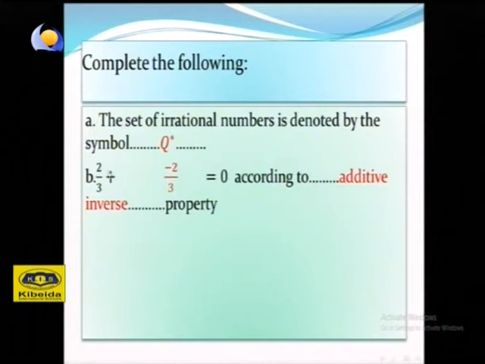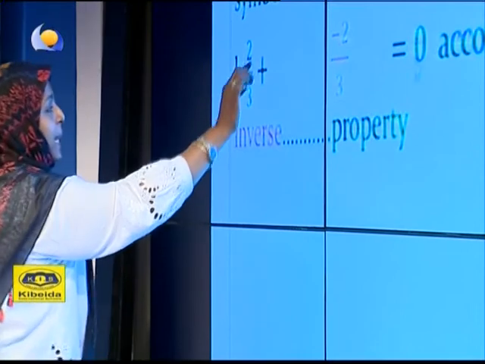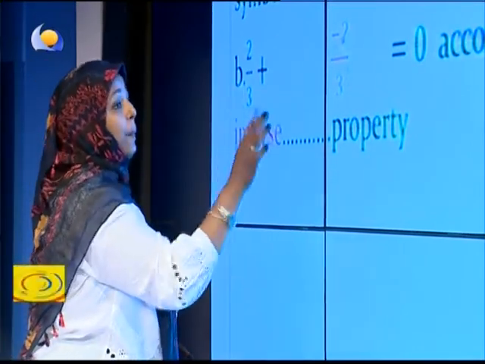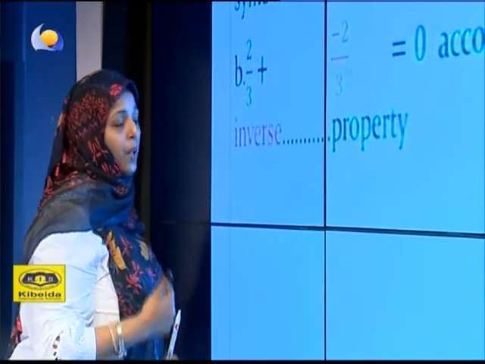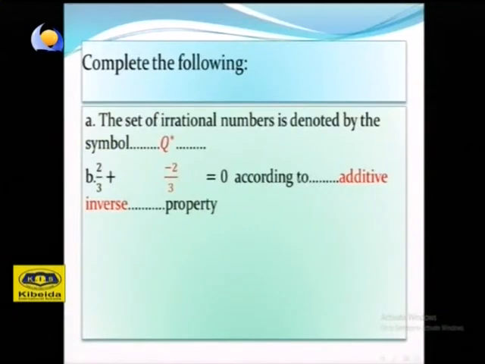That means we're talking about the additive inverse property. If I want to get rid of this number and make it 0, then I need to add its additive inverse. So 2 over 3 plus negative 2 over 3 makes it 0. And this is according to the additive inverse property.